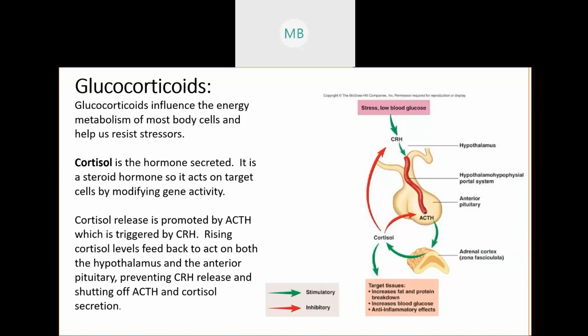And cortisol is also going to promote a rise in your blood glucose levels, fatty acids, and your amino acids, because it just broke down a bunch of proteins and fats, so you're going to have the leftover pieces floating around your system because of that. So that's everything that cortisol does for your body.